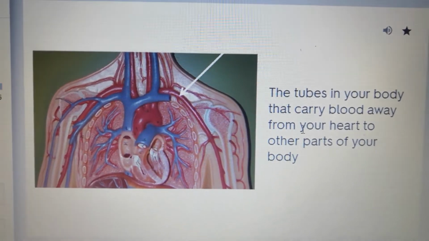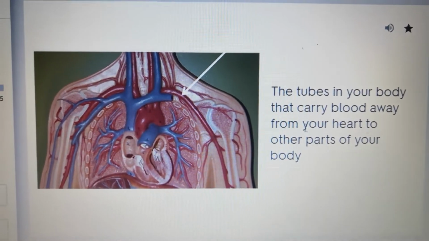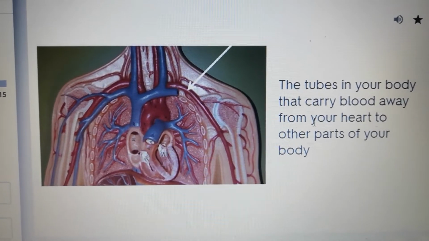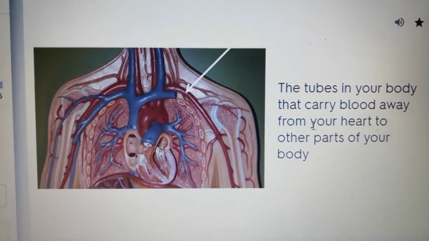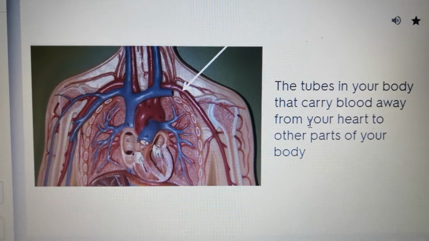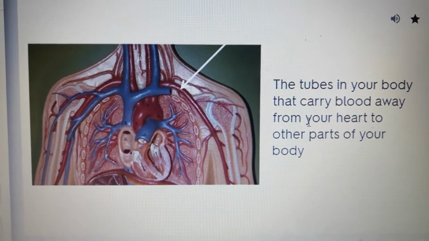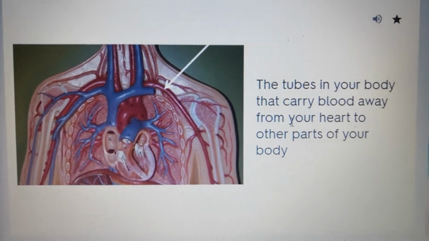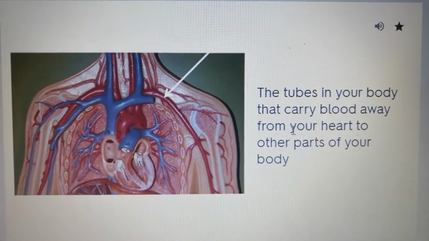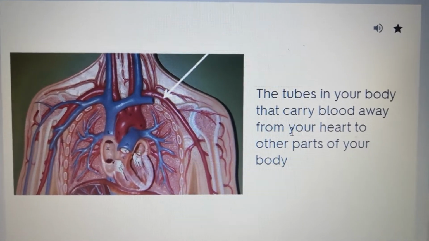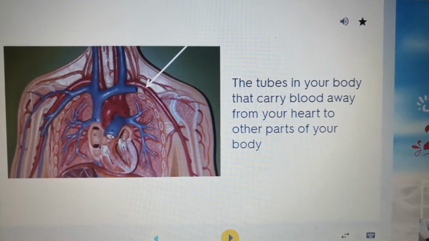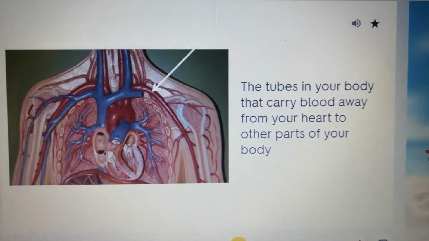When arteries are blocked by fats, there is a possibility that a person might have a stroke, because the blood can no longer go into the different parts of the body. The arteries might even burst. So you have to take care, most especially your mom and your dad. Tell them.